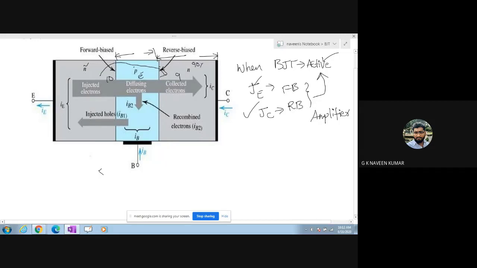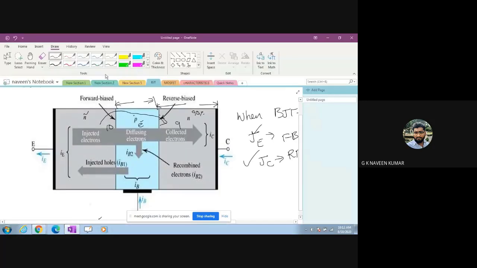So 90% of the electrons injected from the emitter junction have reached the collector, which is fine. Recombination in the base should be as little as possible. Then only can you efficiently send electrons from emitter to collector.